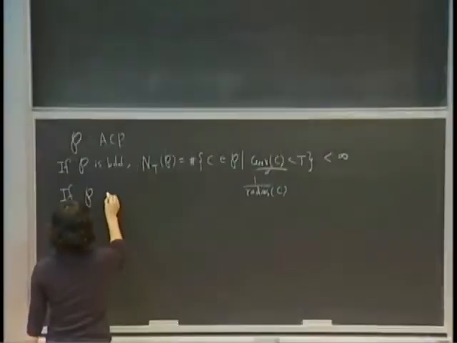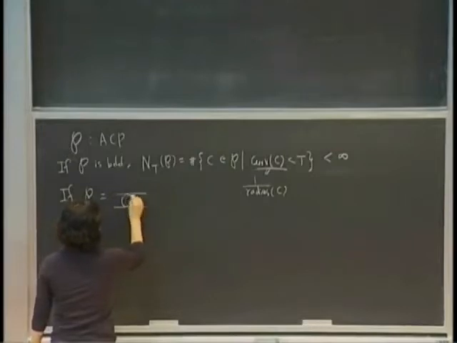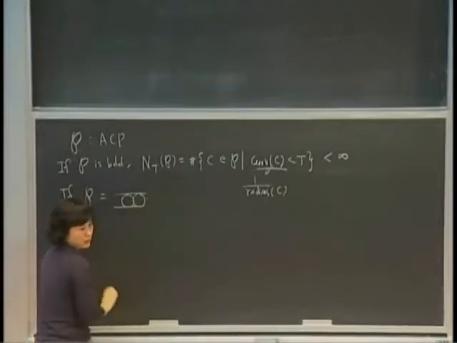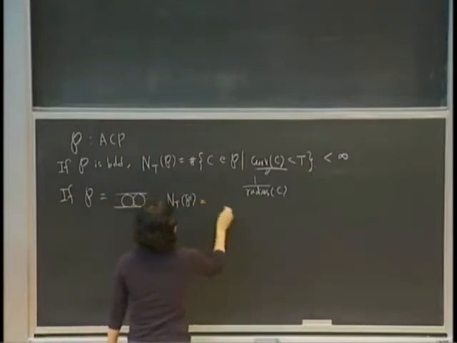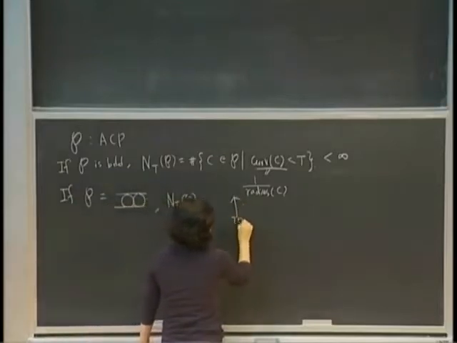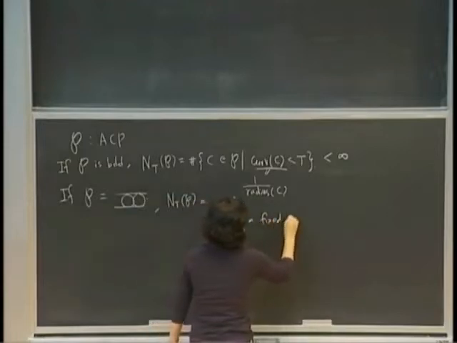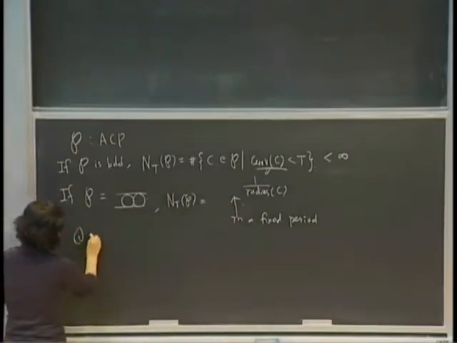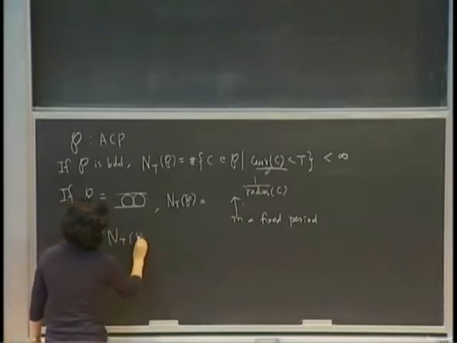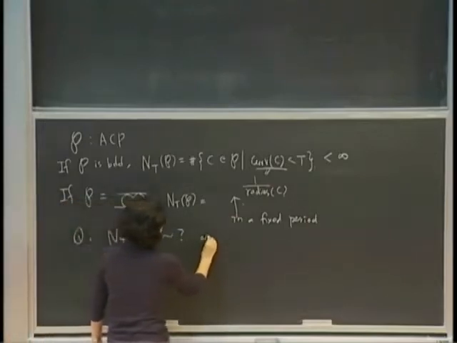So if P is this one, I'll just use this notation. Then N sub T of P is the same thing, but just in a fixed period. So the counting question is: what is the asymptotic of N sub T of P as T tends to infinity?